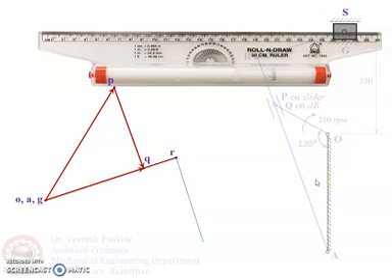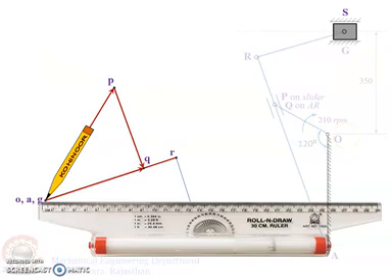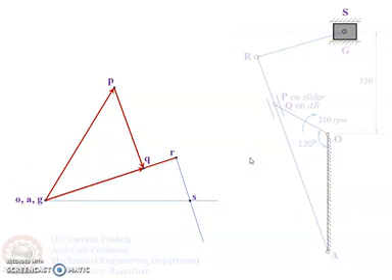So we have to draw the velocity vector from point G, and that will be parallel to this axis along which the slider is sliding. So for this we will take a roller scale, as we have to draw a parallel line, and we will draw a line parallel to this axis from point G in the velocity diagram. So the intersection of the velocity vectors of RS and GS will give us the point S.